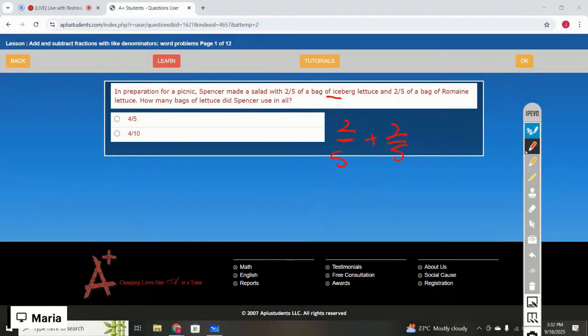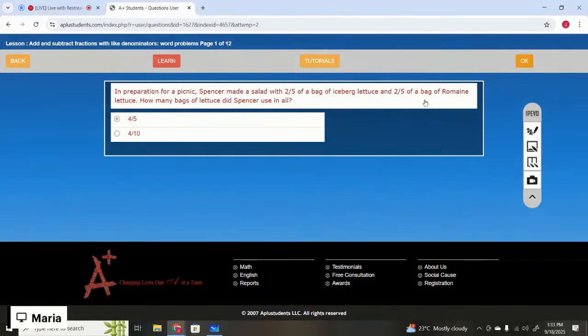So, which is the correct option? 2 plus 2 is 4, so 4/5. Option number 1 is the correct option.